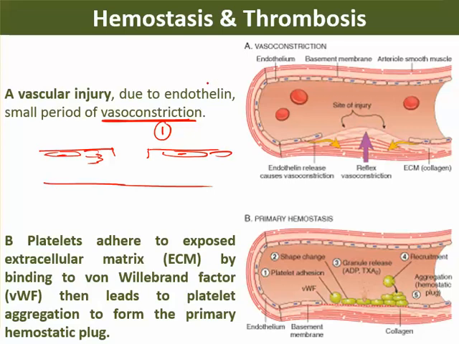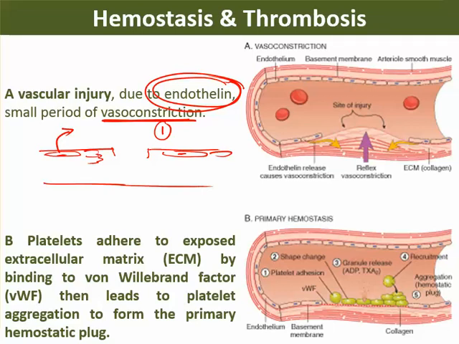That is due to endothelial cells producing a chemical substance called endothelin. Once there is injury, for example, you are having a blade cut, immediately when there is a cut in the blood vessel, the surrounding endothelial cells release a chemical substance. What is the name? Endothelin.